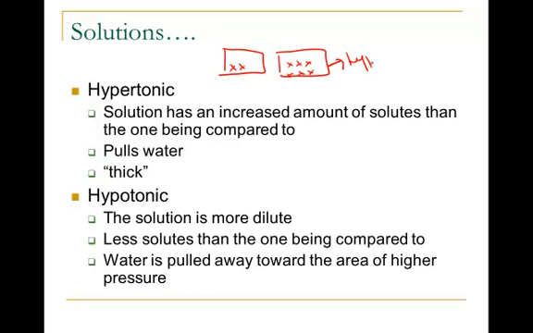Hyper means increased or above. So if something is hypertonic, it has more solutes than what it's being compared to. That's going to suck water to that. If that's your blood, it's going to pull water out of the cells in your interstitial spaces if it needs to. So a hypertonic solution is thick. I like to use those terms thick and thin so that you can have a visual.